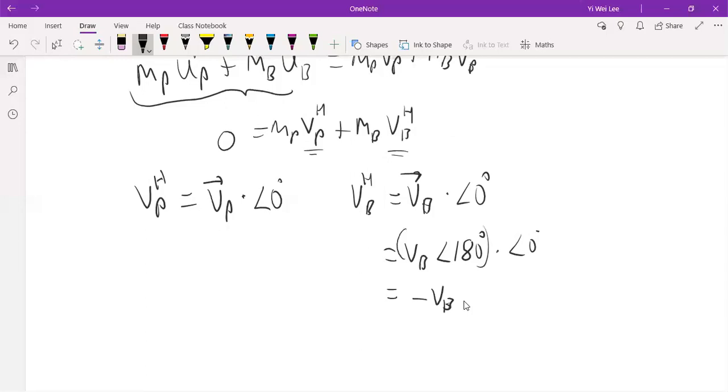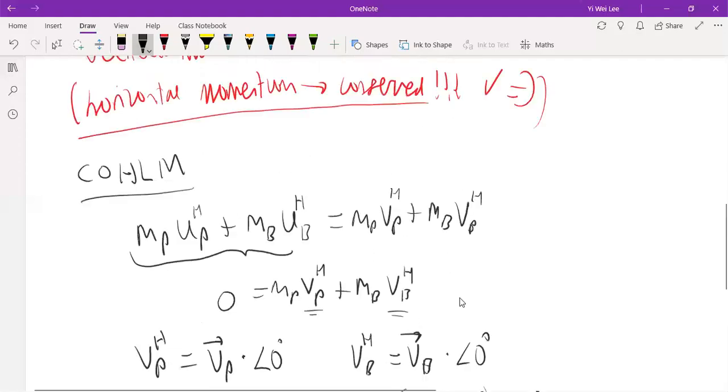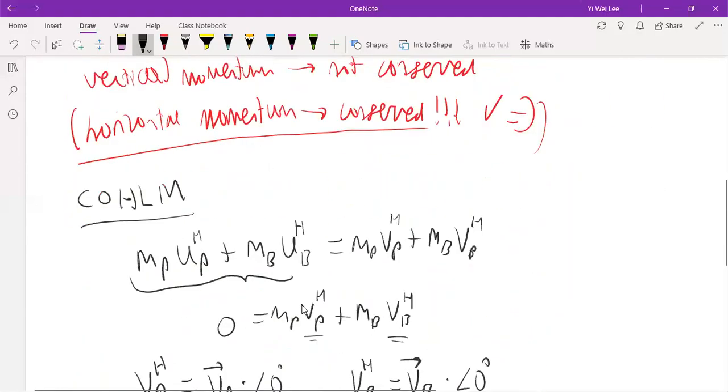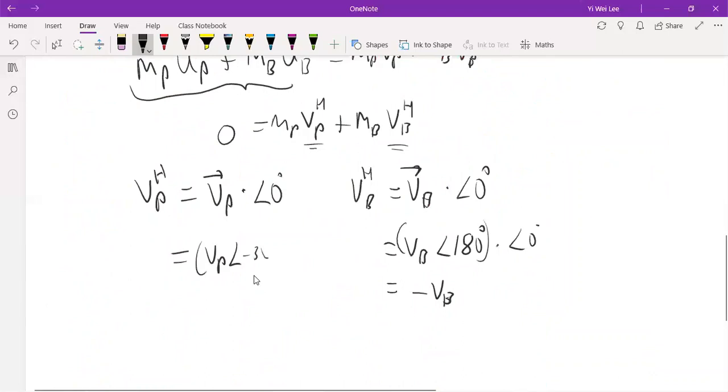Now this is done. Now, how about VP? VP is a bit crazy. But VP is something we can solve. Most people will say the velocity of P is VP times a direction, and they say this is 30 degrees, so the direction of VP should be negative 30. Most people will do this, but actually this is wrong.